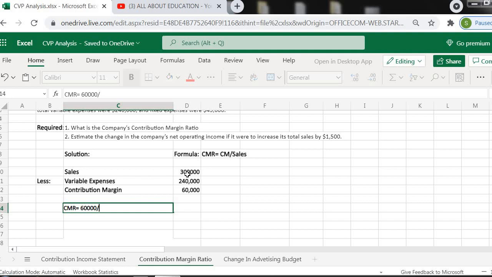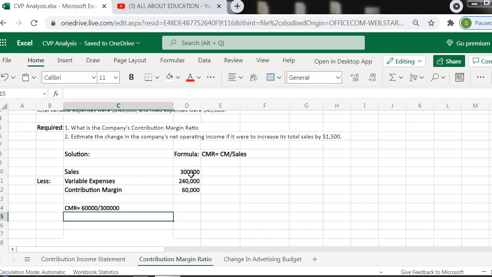Total sales are 3 lakh, right? 60,000 divided by 3 lakh. So what we get? 0.2, right? Now we have to multiply this 0.2 by 100.